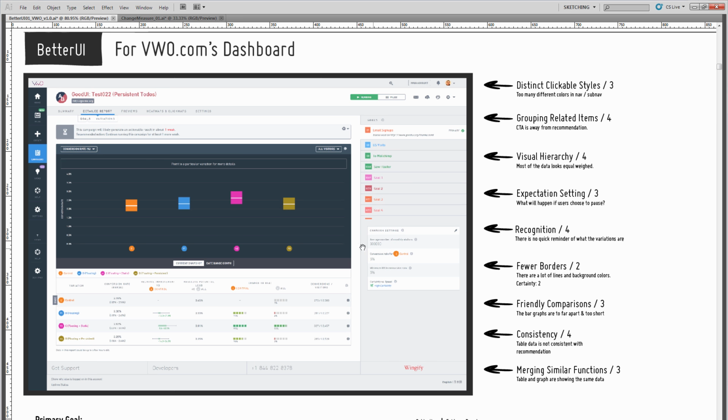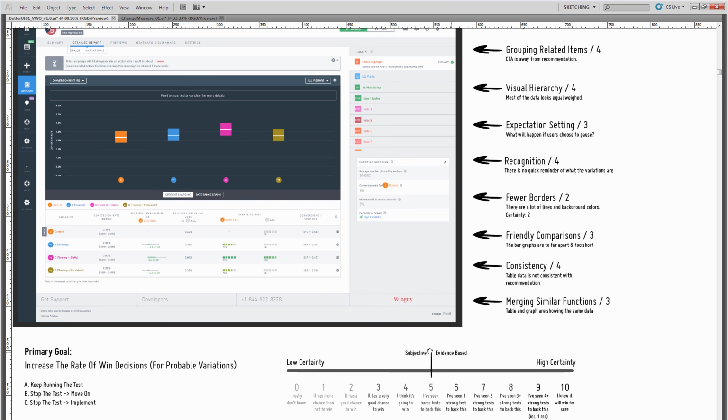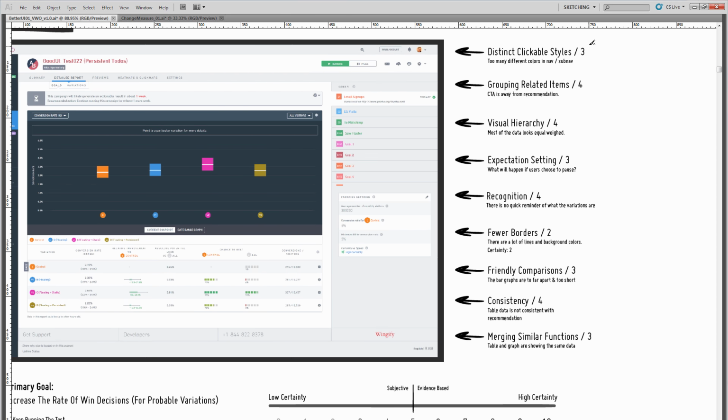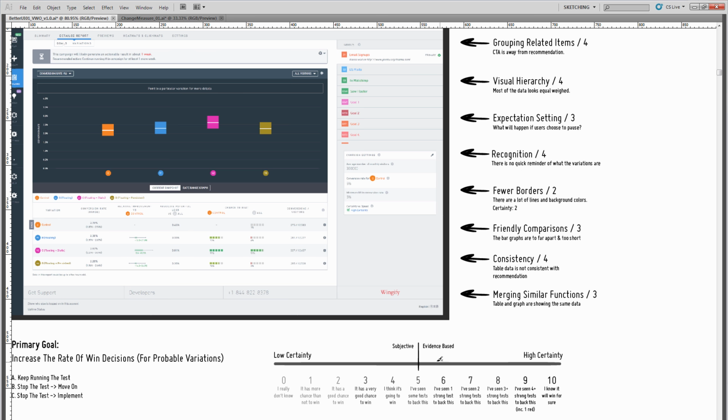So here I have a couple of good UI ideas which I'll be applying. Right now in this video, I'm just raising the issues, and I also tag them with a level of certainty. Recently I've been thinking about certainty on a scale of 0 to 10, and here all these numbers on the right hand side actually represent a degree of certainty.